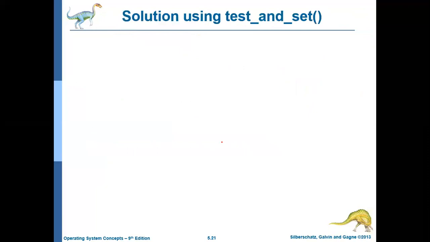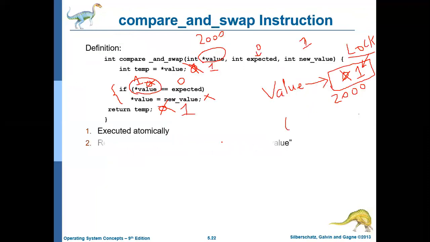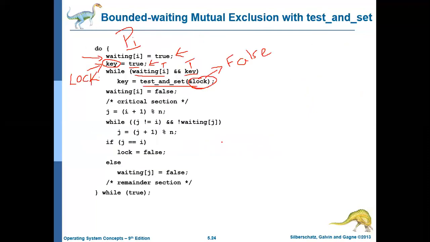So if you go back here and refer, here you are passing the address of lock. We are assuming lock contains false. So this is lock, and let us assume lock contains false, and say this address is 2000.